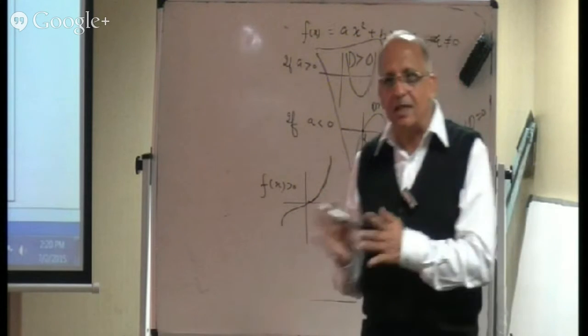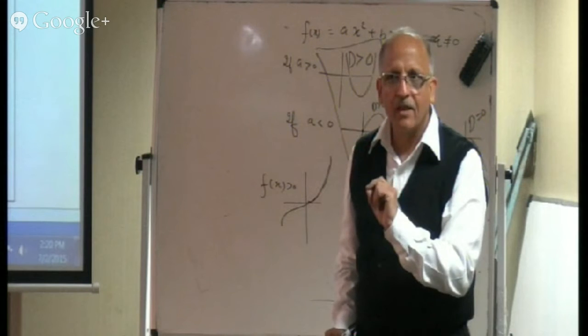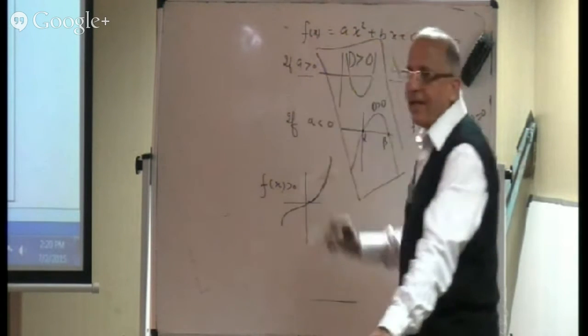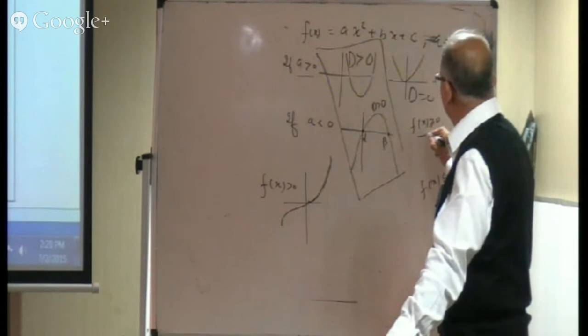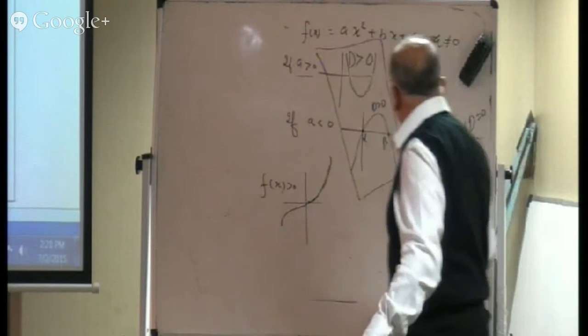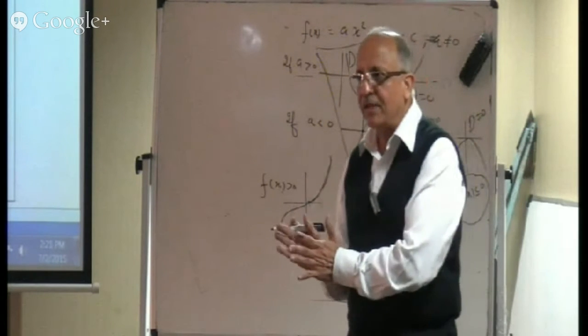This case is just similar, but at one point the value is also becoming 0. And there also it has connection with the sign of a. When a is positive, f(x) is greater than or equal to 0, and when a is negative, f(x) is less than or equal to 0.